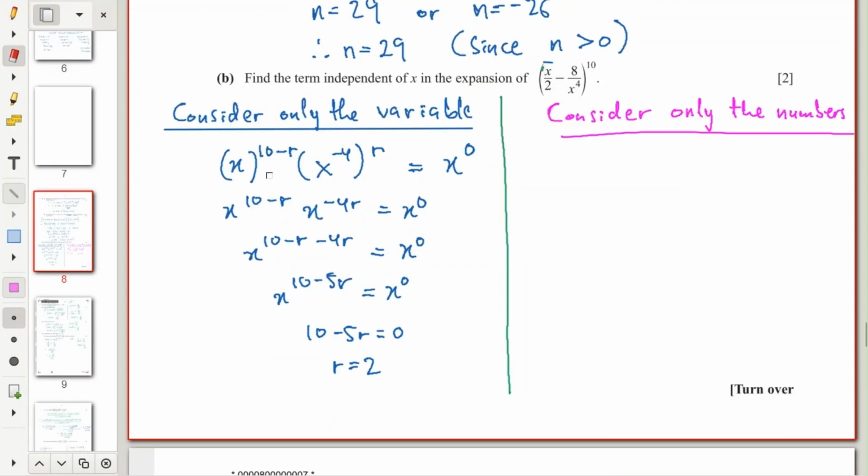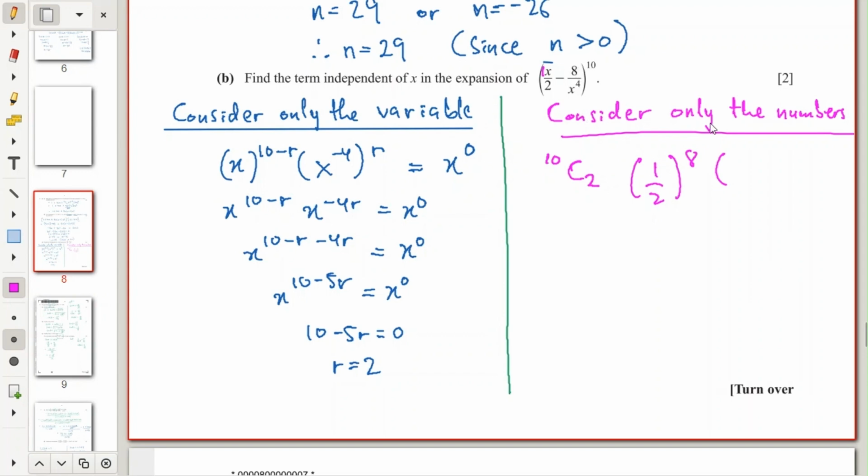Now I'm going to consider only the numbers, starting with the combination, which is 10 combination 2. I found the r already, it's 2. Don't forget that this is the same as 1 over 2. And the power here is 10 minus 2, which is 8.